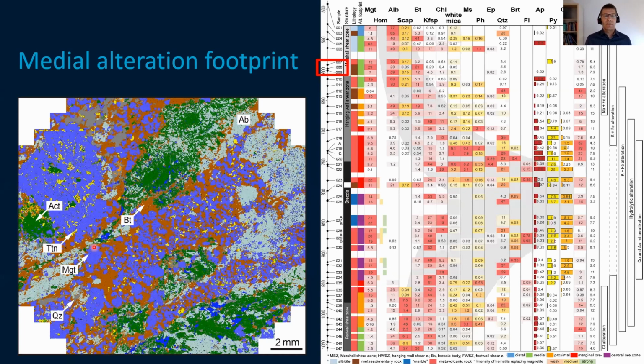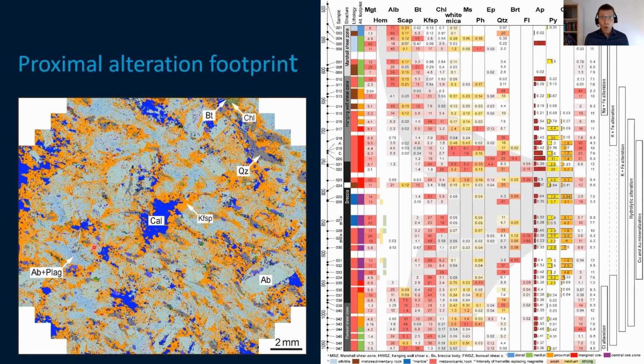And the beauty of these mineral maps is that you can actually do petrography and establish the timing relationships, what's actually happening on the way towards your ore zone or your drill target. Here we see, somewhere in the middle, early albite replaced by K-feldspar and then late infill of calcite.